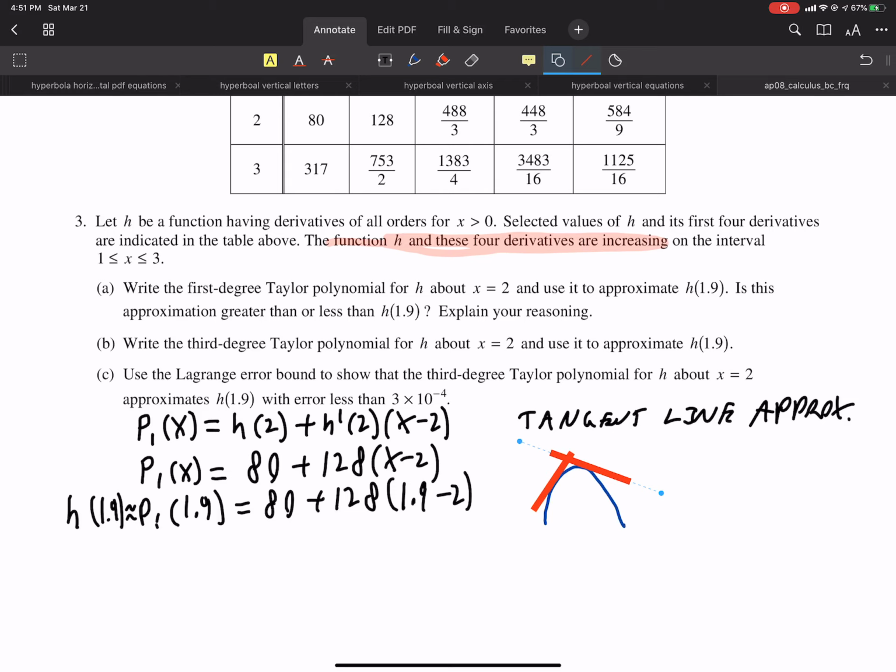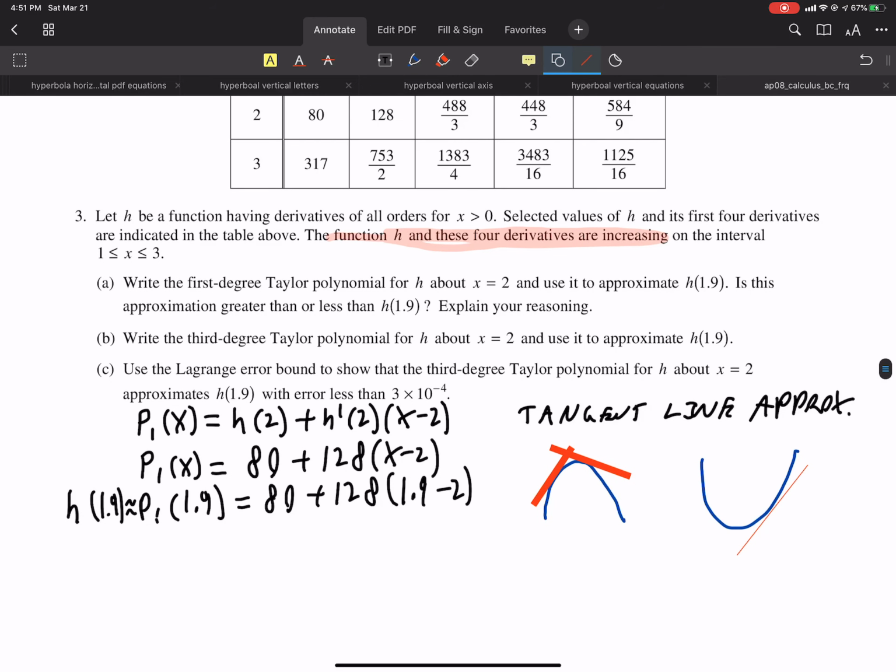It's going to be an over approximation. And similarly, if a function is concave up, you will notice the tangent lines will all be under.